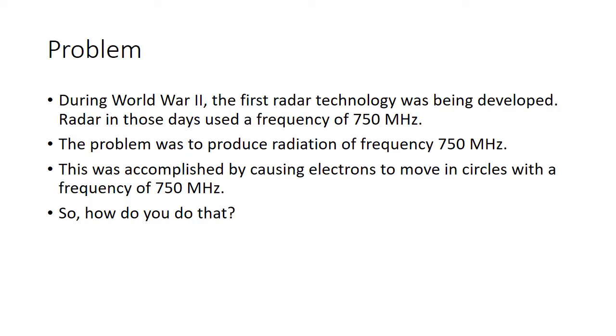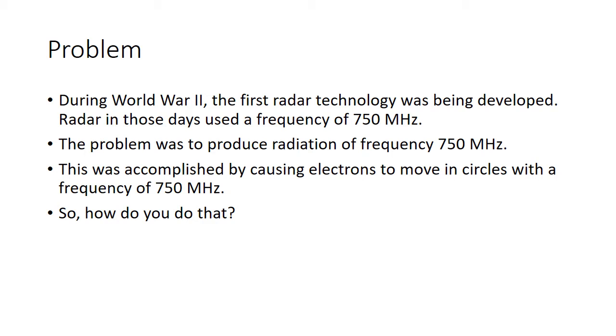Well, this actually goes back to World War II when they were deploying the first radar technology. In order to do radar, they needed radio waves with a frequency of about 750 megahertz. Now we currently use way more than 750 megahertz for radar, but in those days that was closer to what they were using for some types of radar.